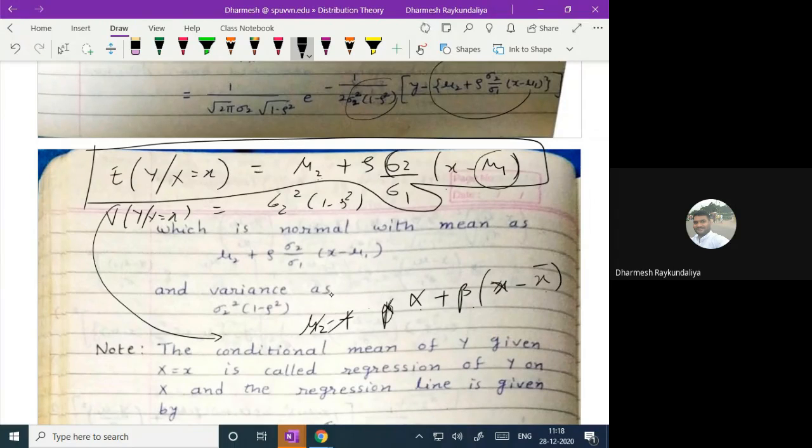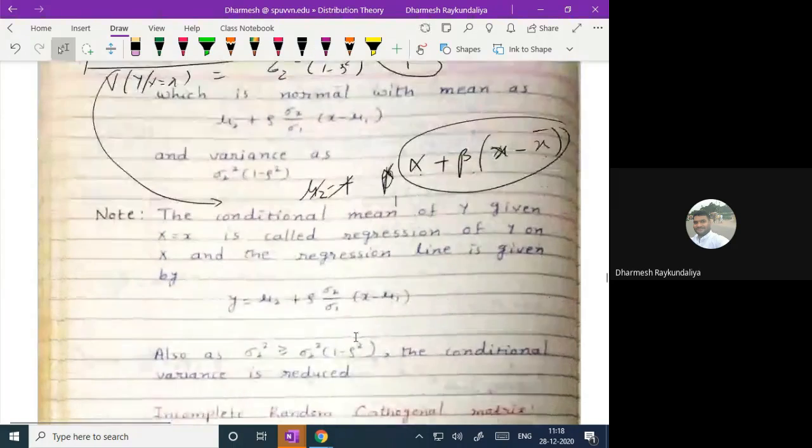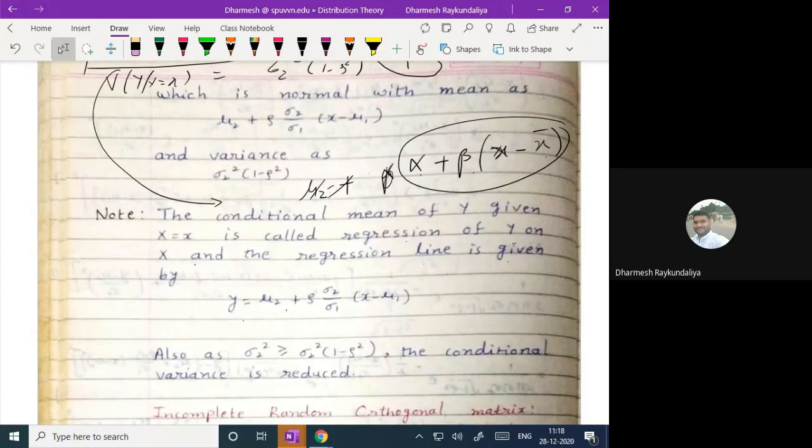So this is nothing but a kind of regression equation. The conditional mean of y given x is called the regression of y on x. And the regression line is given by y equal to mu 2 plus rho sigma 2 upon sigma 1 (x minus mu 1).